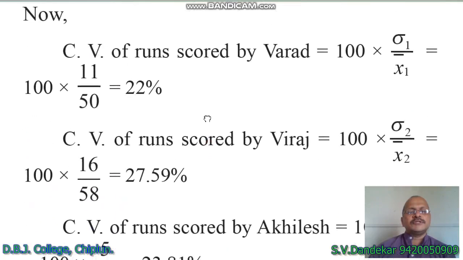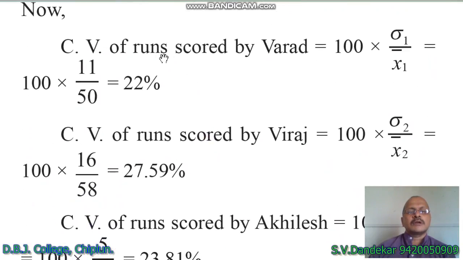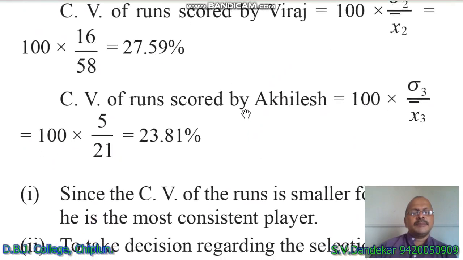Now the coefficient of variation of the runs scored by Varad is equal to sigma 1 upon x1 bar into 100, that is 11 by 50 into 100, it is 22%. The coefficient of variation of runs scored by Viraj is 27.59 using the same formula, and using the same formula the coefficient of variation of the runs scored by Akhilesh is equal to 23.81.